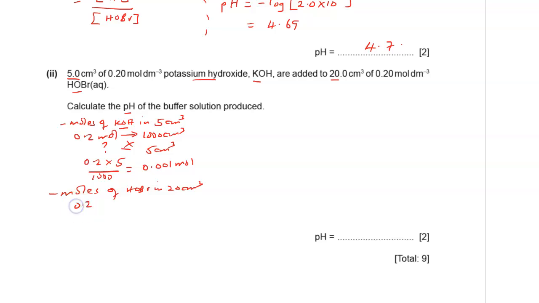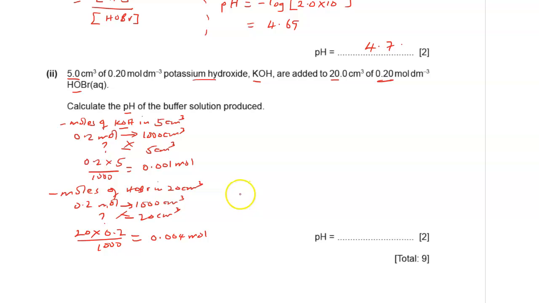We know that 0.2 moles of bromic acid is in 1,000 centimeters cubed, and therefore in 20 centimeters cubed, how many moles would we have there? We cross multiply. 20 times 0.2 divided by 1,000. This will give us 0.004 moles of bromic acid.